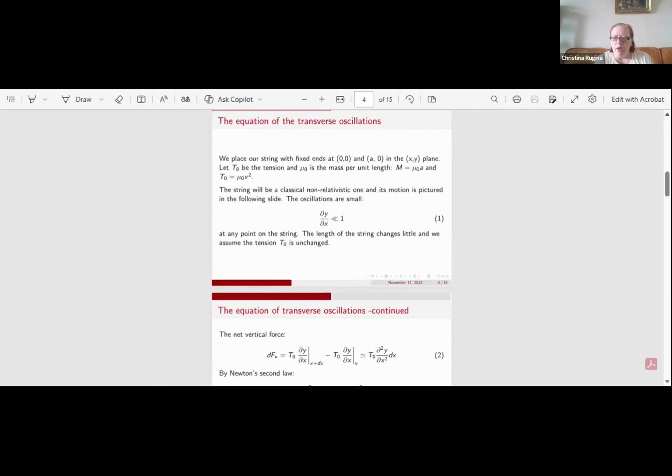So we will assume the oscillations are small, so dy/dx is much less than 1.